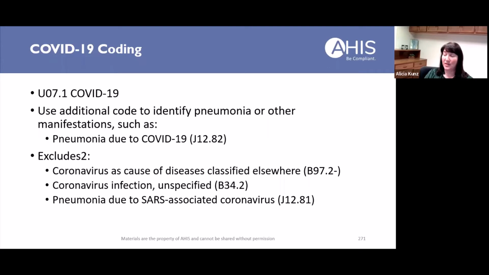All of these three codes refer to other coronaviruses, not COVID-19. COVID-19 is a new, different sort of coronavirus, so you don't want to mix those up together. If they happen to have another coronavirus in conjunction with COVID-19, you could then use any of these three codes. That's why it's an excludes 2.